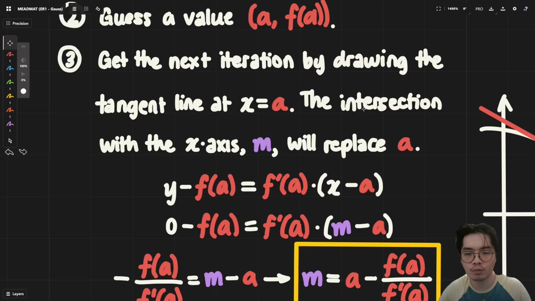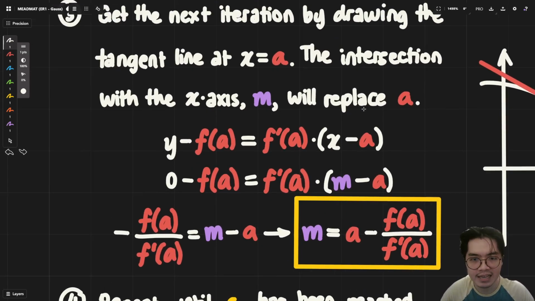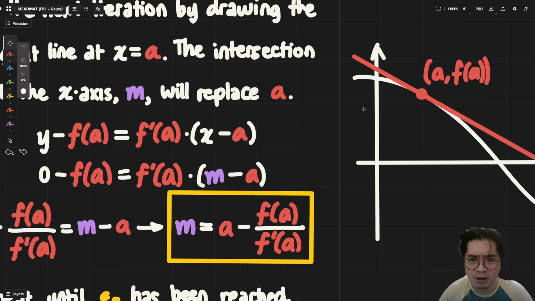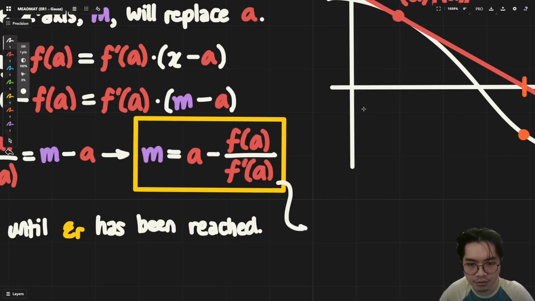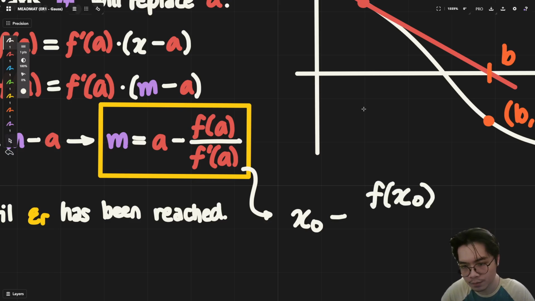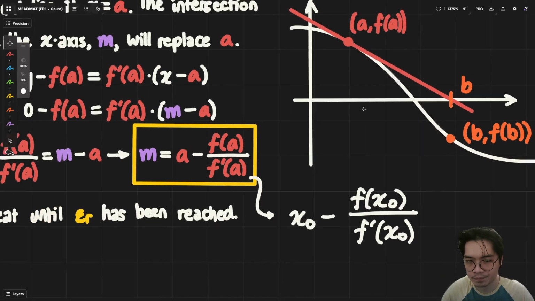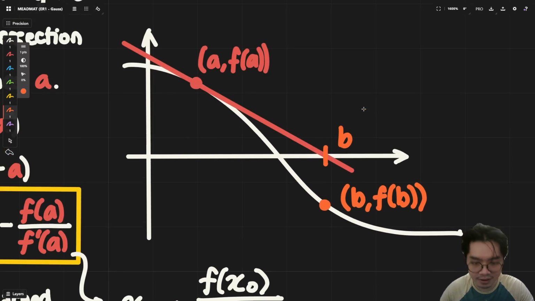And if you use that point and that slope in the point-slope form, and you replace x with your next iteration, and you replace your y with 0, because it's supposed to contact the x-axis, you will have this formula, right? It's going to be your old value minus the value of your old function all over the derivative of the old value, right?